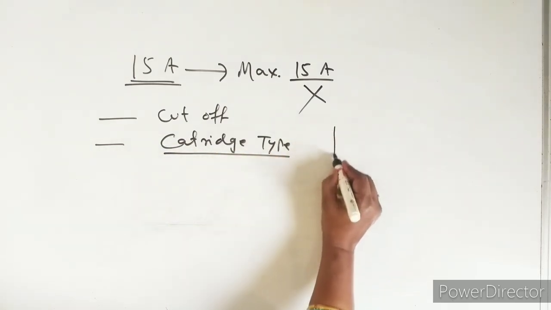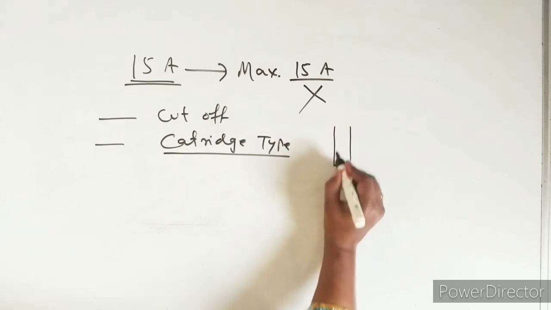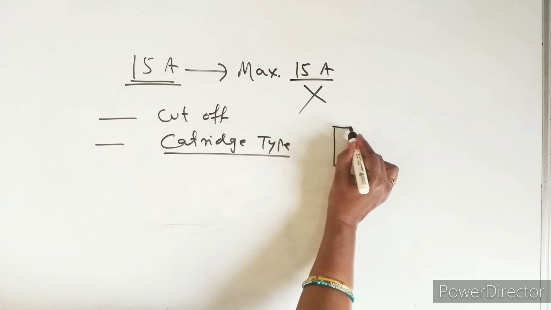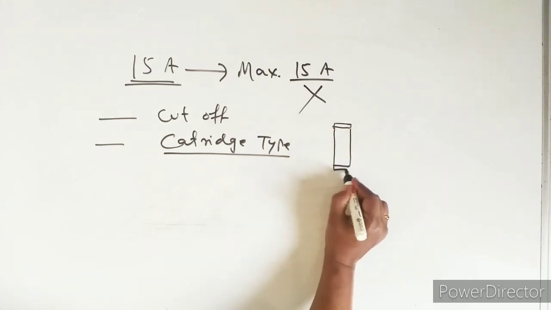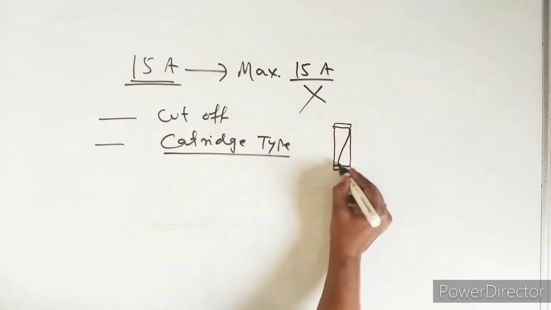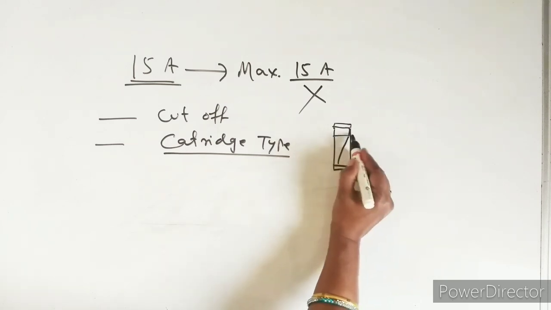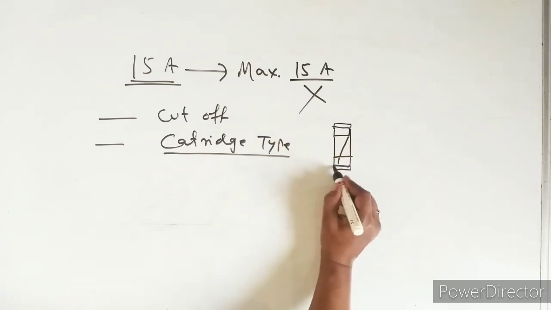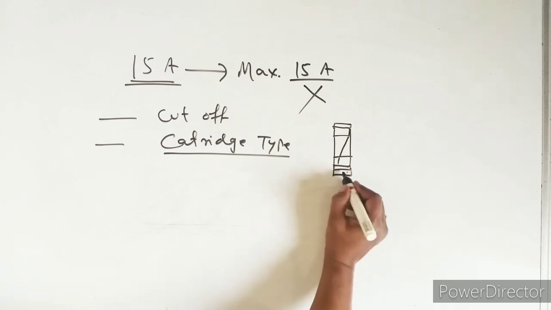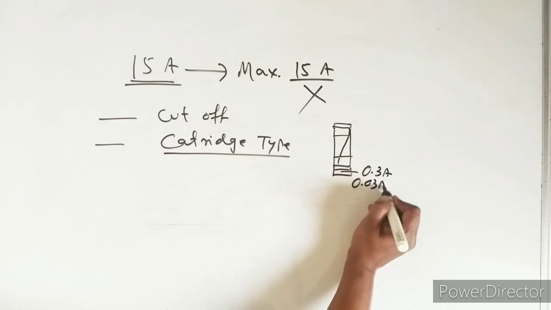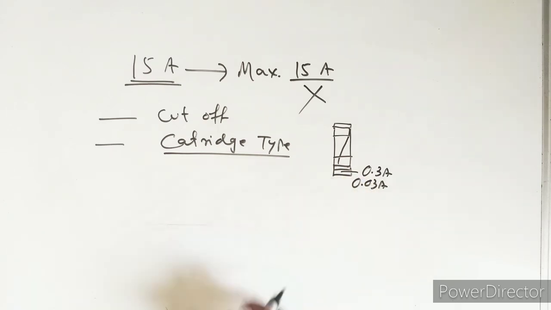It is small, made of glass, and this portion will be steel, with a wire connected. In some cases there will be a small piece of paper inside, and on the steel it will be written 0.3 ampere, 0.03 ampere, like this. That is the cartridge type.